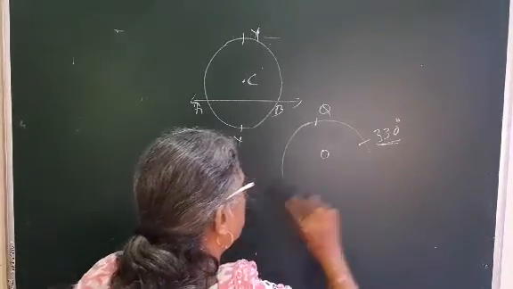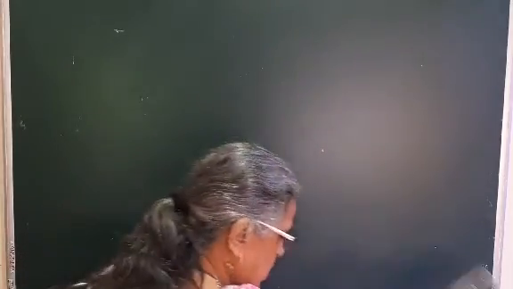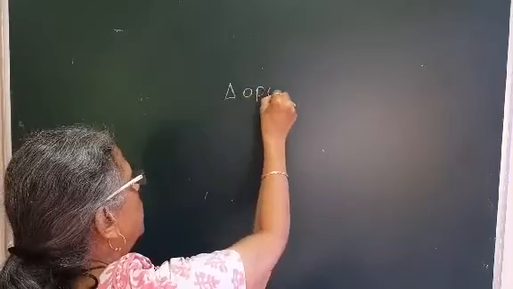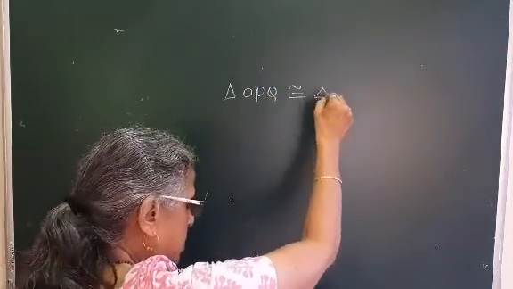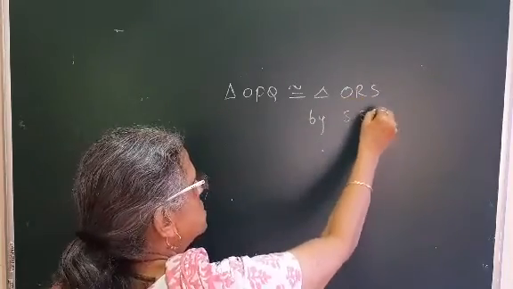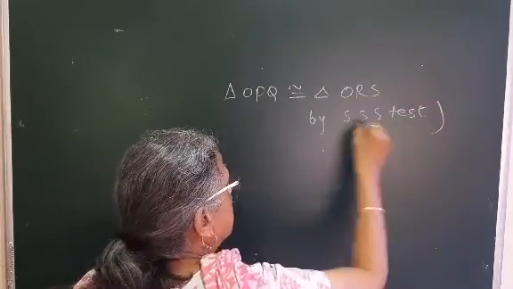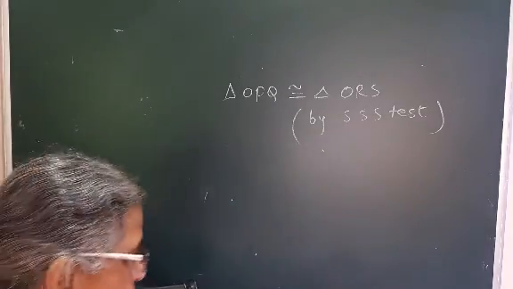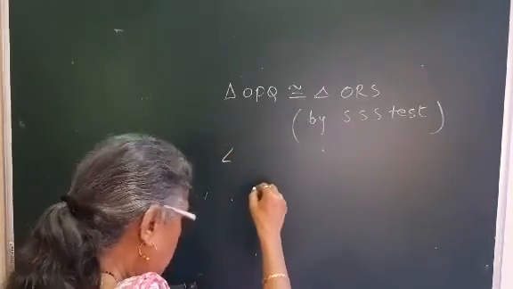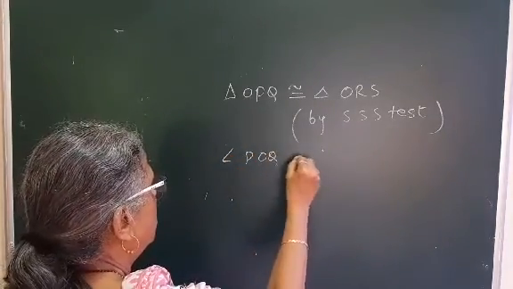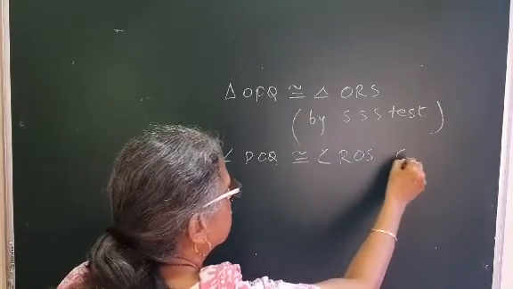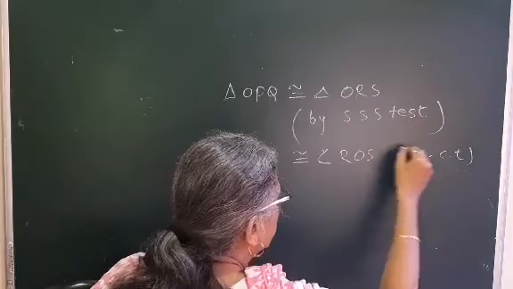Followed? So in this you are going to add the steps in this theorem. First you are going to show, because they have asked to write it yourself, triangle OPQ congruent triangle ORS by SSS test. Followed? After doing that, you use corresponding angles of congruent triangles. Therefore angle POQ congruent angle ROS, corresponding angles of congruent triangles. Followed?